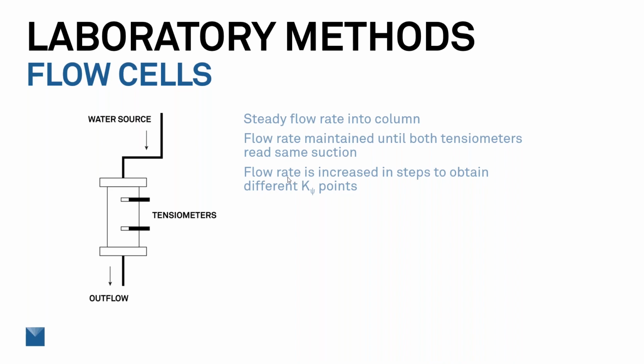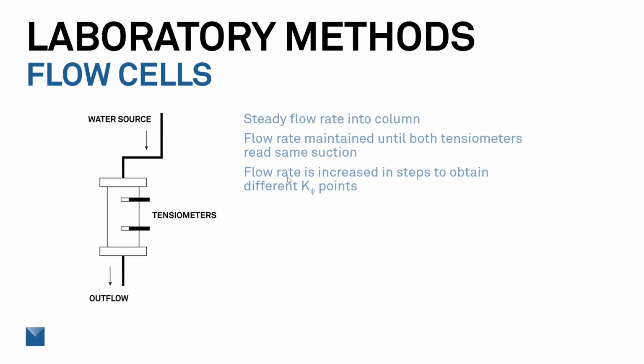But what's really nice with this approach is we can start with a low flow rate. We're going to measure the suction or water potential at the 2 tensiometers with that given flow rate. Once those 2 tensiometers equilibrate or read the same water potential, based on what that flow rate is, we know that that's a given hydraulic conductivity for that given water potential or water content.